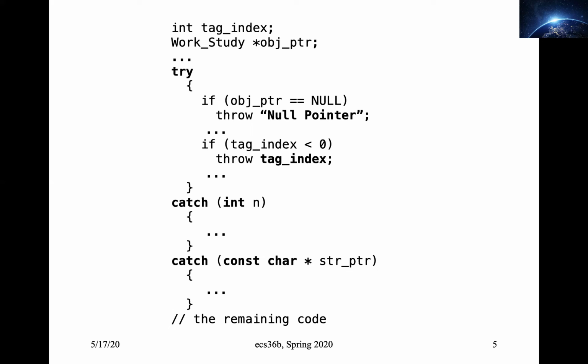So you can probably guess which catch block will be triggered by which throw. It is basically matched by type. The first one, null pointer, is a string, so it will match the second catch clause. And the second one is text index, which is an integer, so it will match the first one.